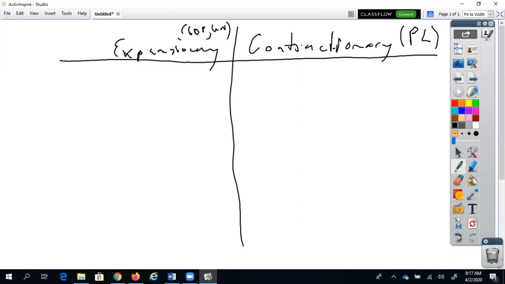The other mandate, remember the Fed has dual mandates, help grow the economy and help control inflation. So contractionary would be help control inflation, help control price level. Expansionary will be help GDP. So we'll do open market operations up here.